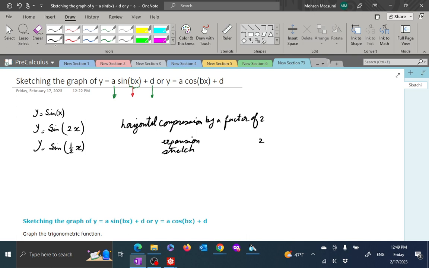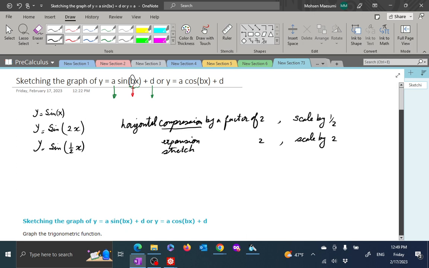When we have compression, we can phrase it like this: this is scaling, scale by 1/2. This one we are going to say scale by 2. So either way, we are scaling by the reciprocal of this number.